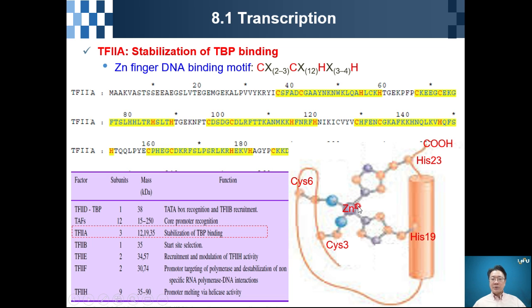The zinc cation is here. Between the zinc and the histidine nitrogen, there is hydrogen bonding. So this is the zinc finger DNA binding motif, and transcription factor 2A has several zinc finger DNA binding motifs.